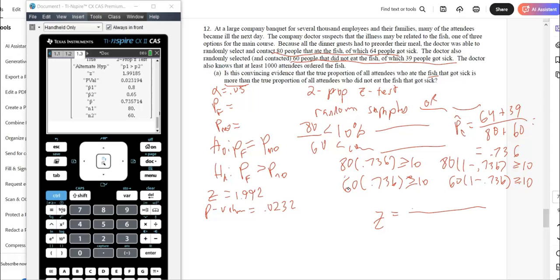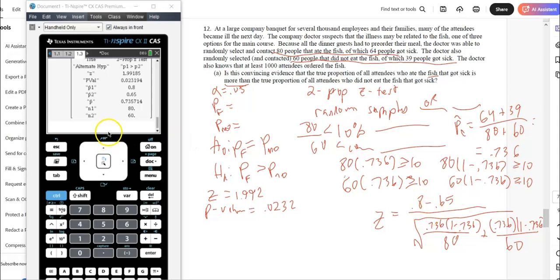So p hat 1 is 0.8 minus 0.65. And this would be a p hat combined, which is 0.736 times 1 minus 0.736 plus, that one was over 80, this one's over 60. Same numerator here, so 0.736, 1 minus 0.736.